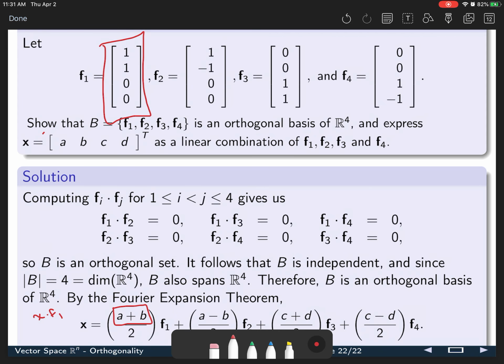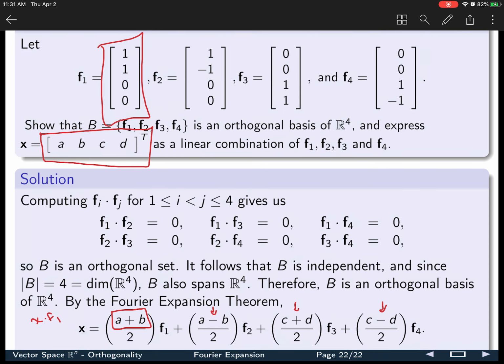And that's just a plus b because you've got a times 1 plus b times 1. So yeah, that's x dot f1. This is x dot f2, x dot f3, and x dot f4 over here.